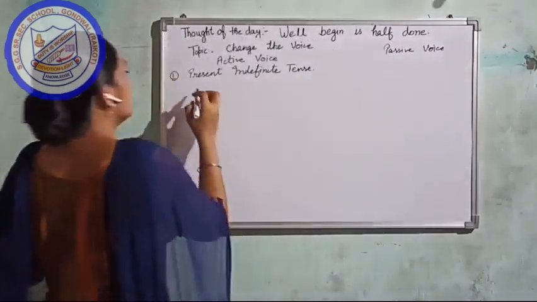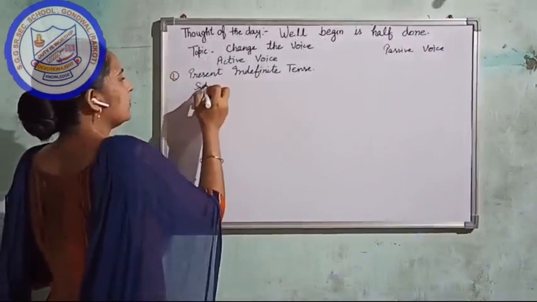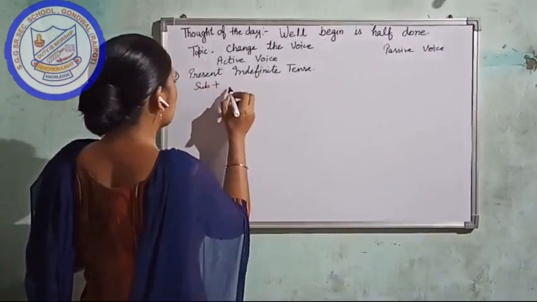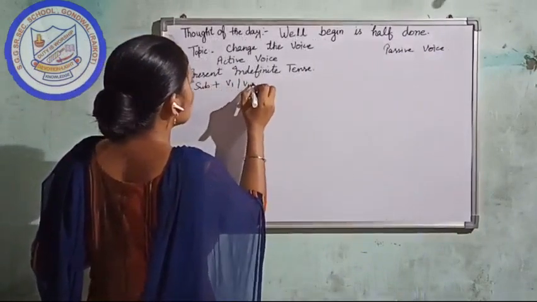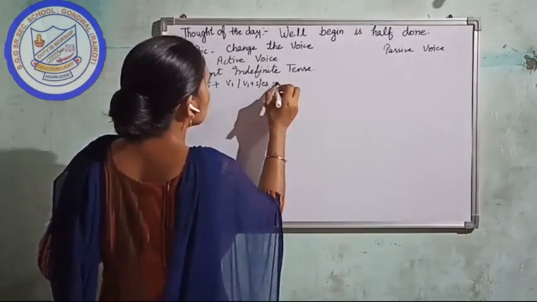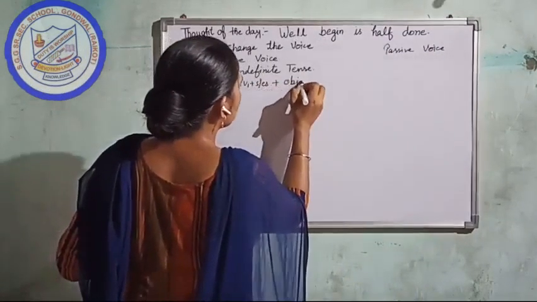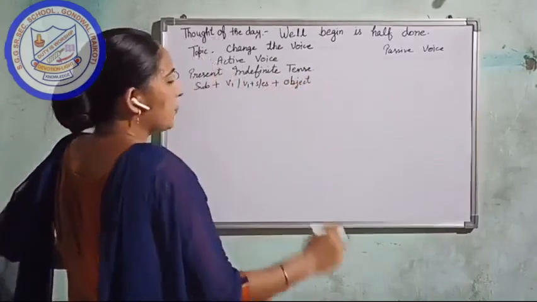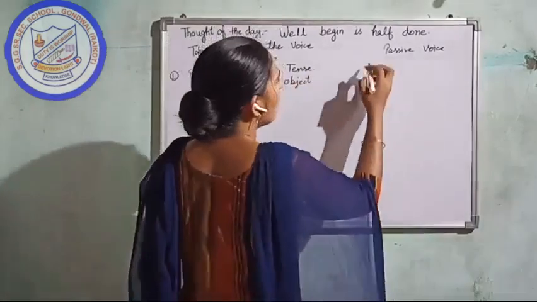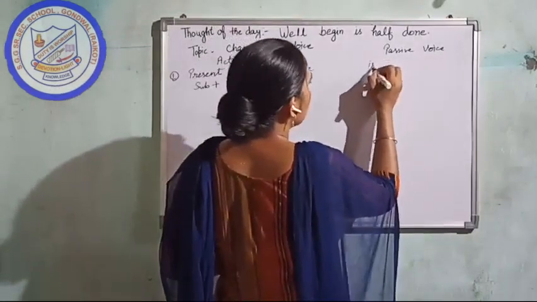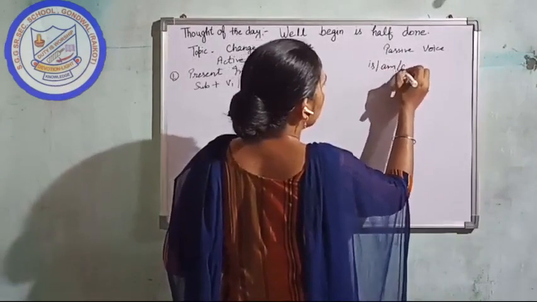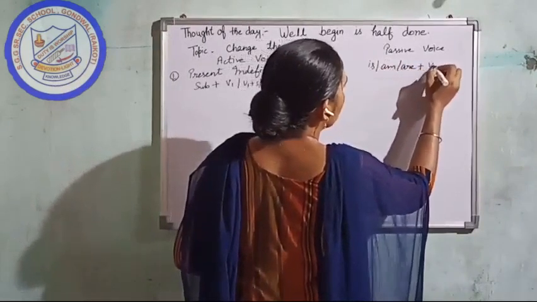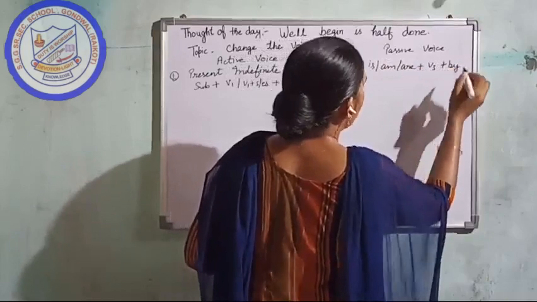Yes. Subject plus V1 or V1's S or ES plus object. In passive voice, we make use of helping verb is, am, are with B3 plus by.